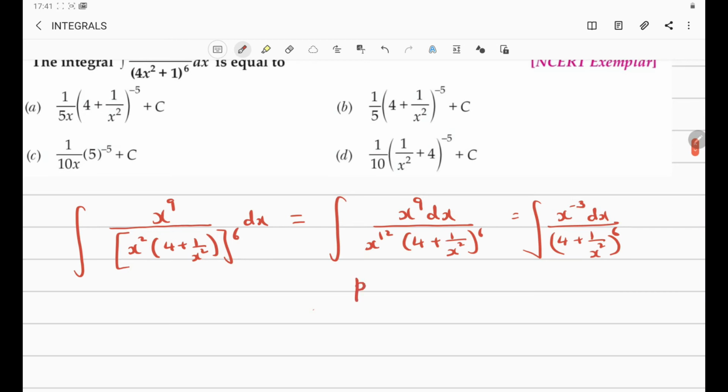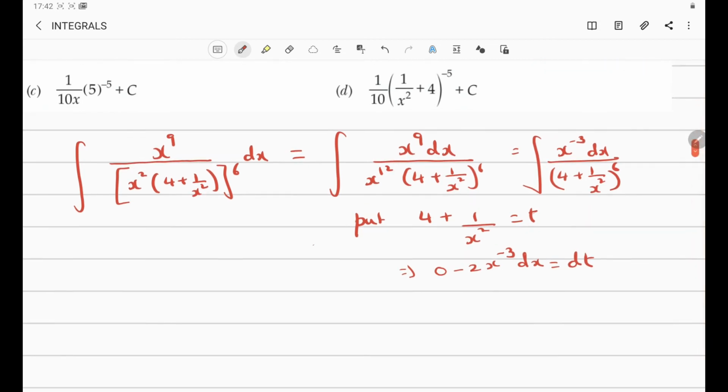So let's put 4 plus 1 by x square as t. So we get this, derivative of 4 is 0, and x to the power of minus 2 will be minus 2 x to the power of minus 3 dx equal to dt. So the numerator x power minus 3 dx can be written as dt by minus 2.